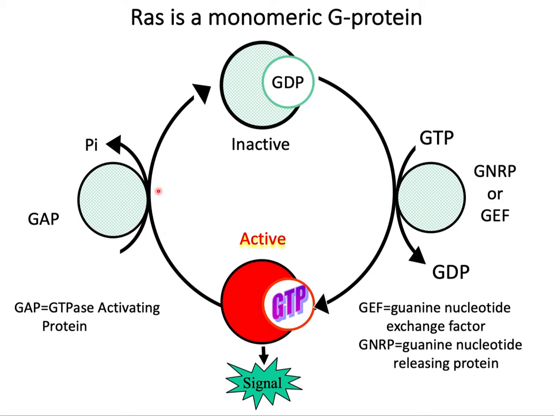But this is very important: it is not the GAP that is hydrolyzing the GTP to GDP. It is RAS itself. The GAP is only helping to enhance the intrinsic activity of the RAS, but all GTPase activity is in the RAS itself.